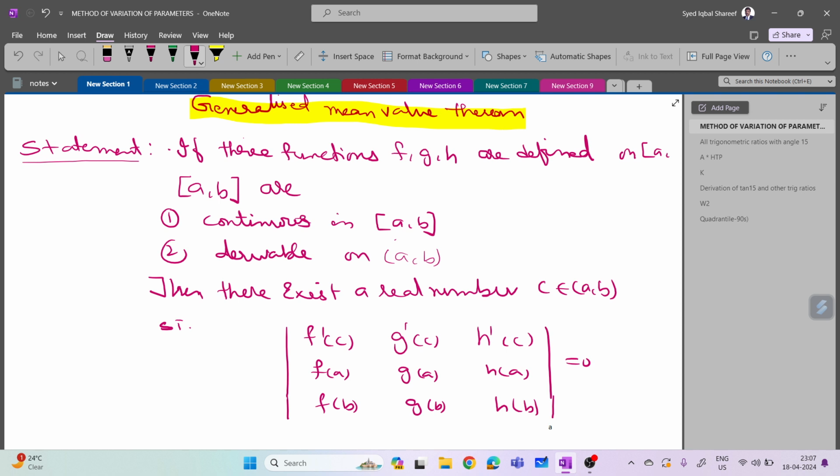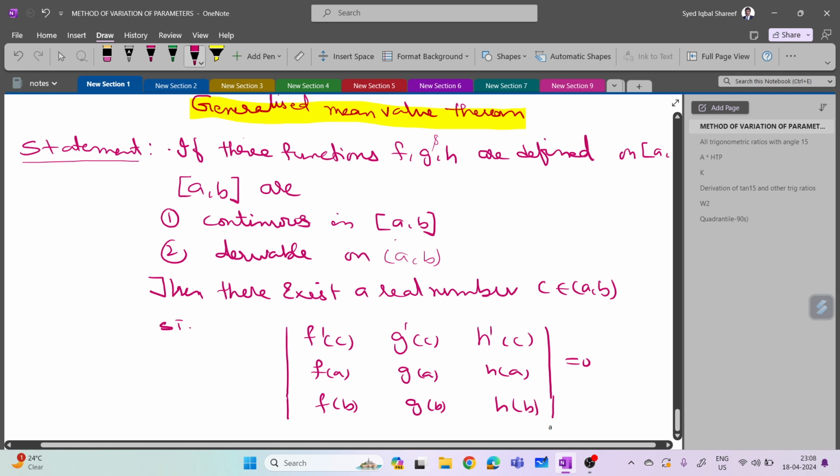If three functions f, g, and h are defined on the closed interval [a, b] in such a way that they are continuous in the closed interval [a, b], derivable in the open interval (a, b), then there exists a real number c such that the determinant of f dash c, g dash c, h dash c; f of a, g of a, h of a; f of b, g of b, h of b equals 0. We have to prove this and some deductions. We'll go one by one.